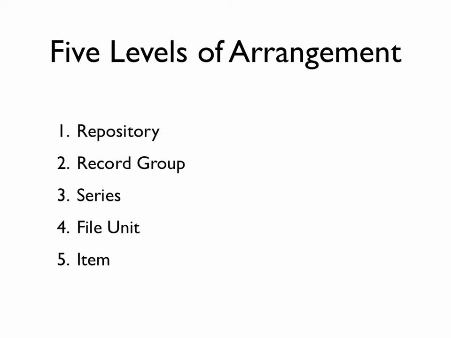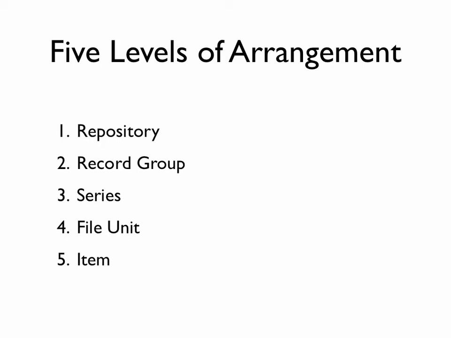Now, a file unit. Okay, so let's say you have a box, and the box is correspondences. And in the boxes are a whole bunch of folders. And each folder is for each year of letters that Benjamin Franklin had. So let's say the first folder is 1850 or whatever. So those are all letters that he received in 1850, starting from January to December.